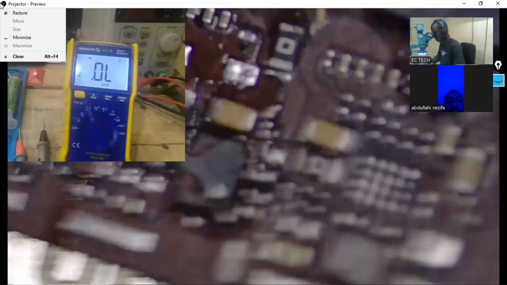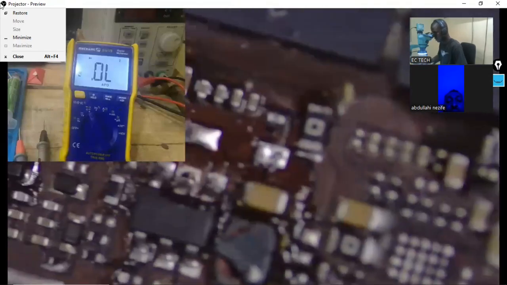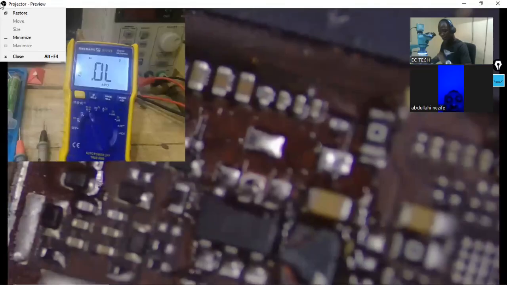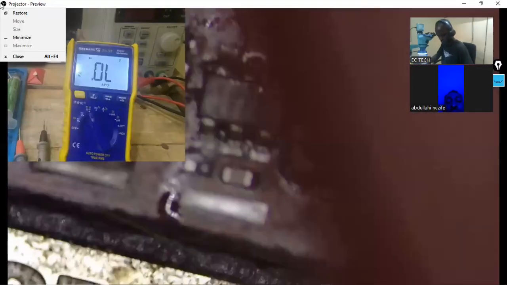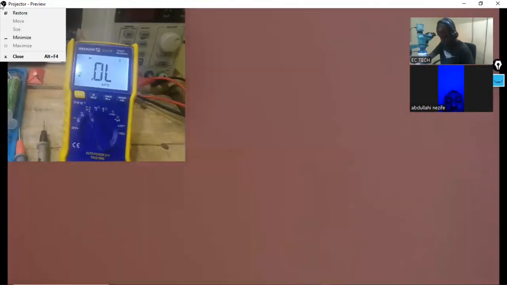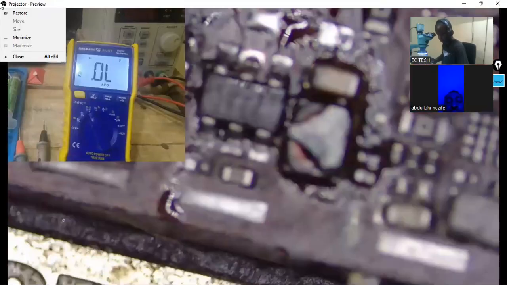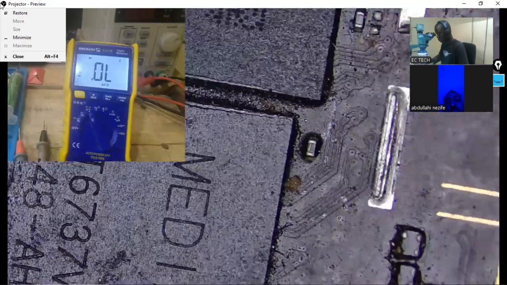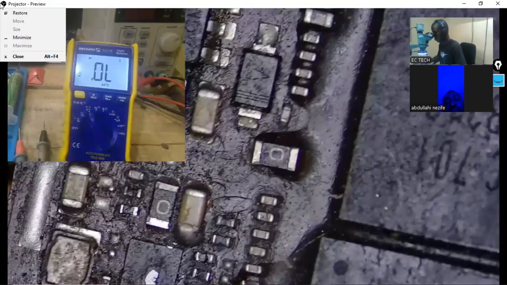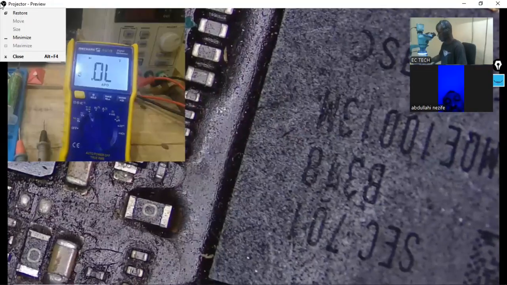I think I've lost this diode because of the force of that. Okay, it fell down. Notwithstanding, let me try to use another one. Not wasting our time. Okay, let's quickly use this one.